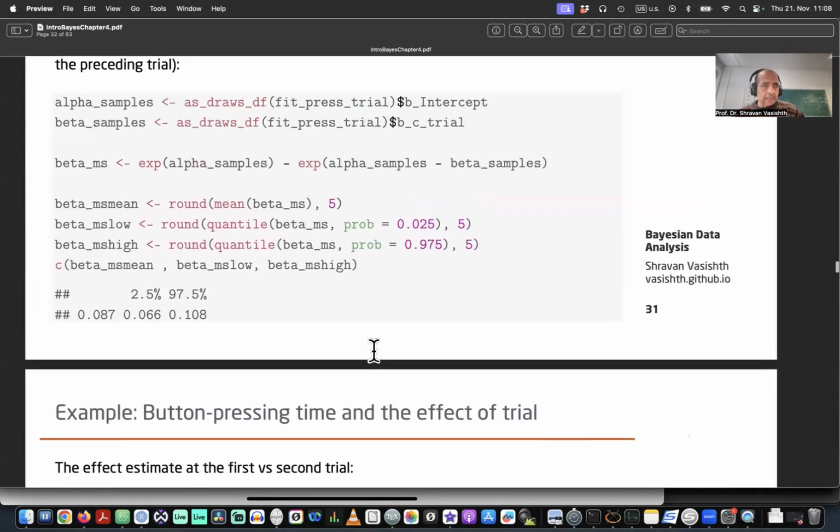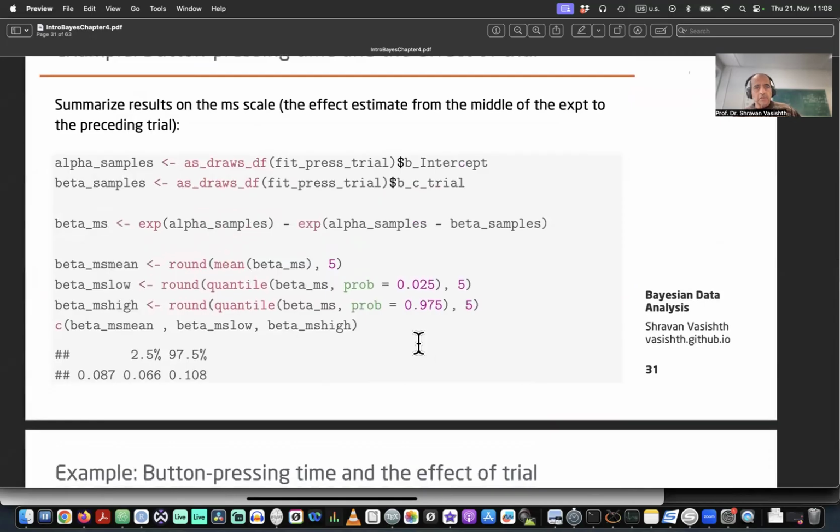So right now, the example that I was showing you here, this calculation that I've done, was looking at the change in the button pressing time when we are in the middle of the experiment.